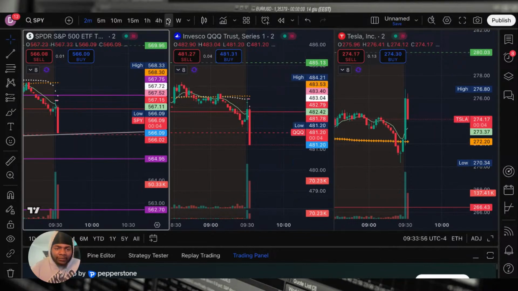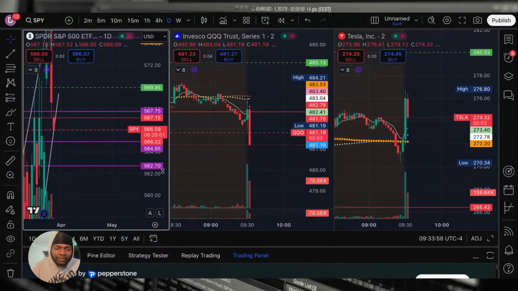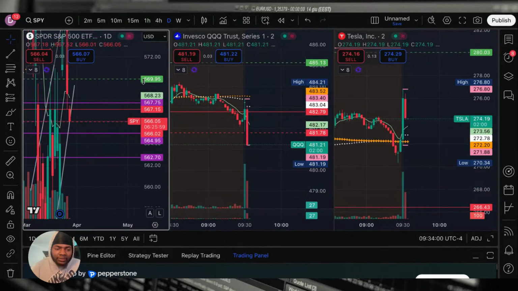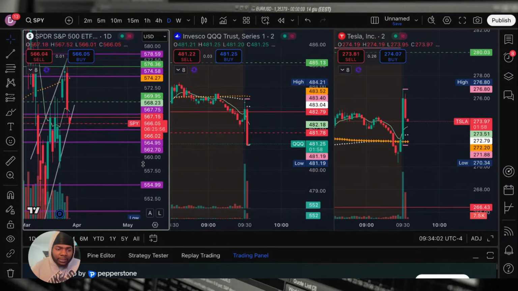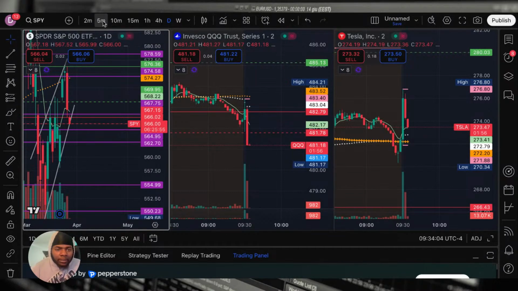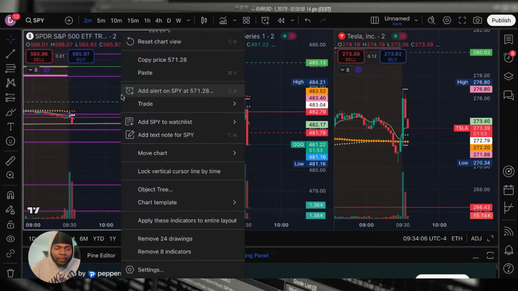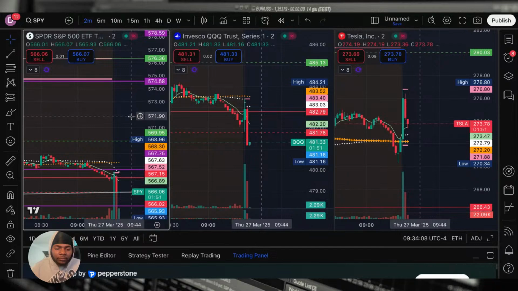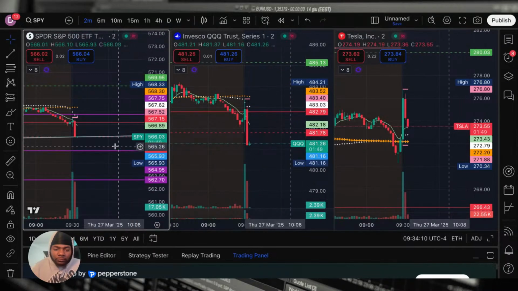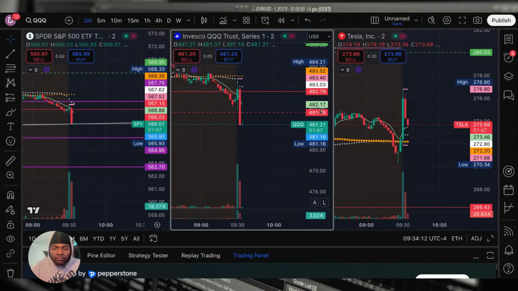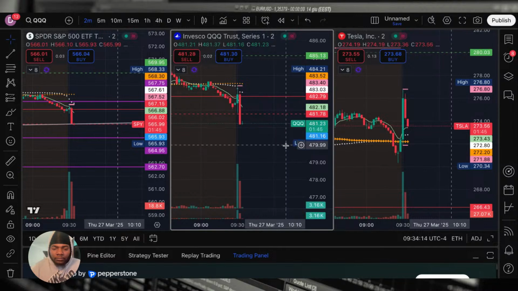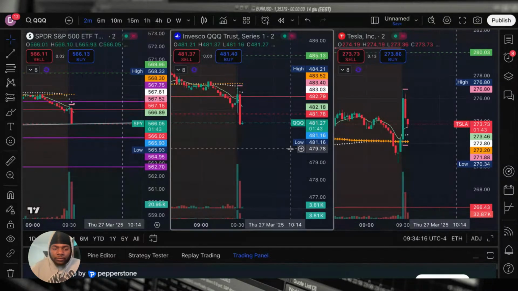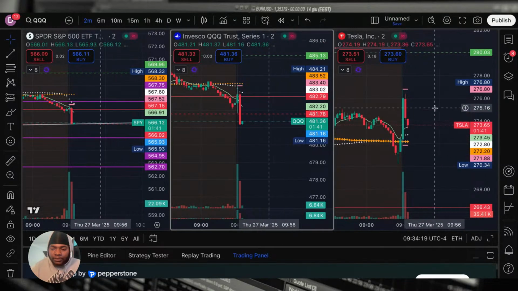Also, SPY does have the 200 moving average sitting right under. Oh, actually, it's at the top. Okay. QQQ pulling back a little bit for us.